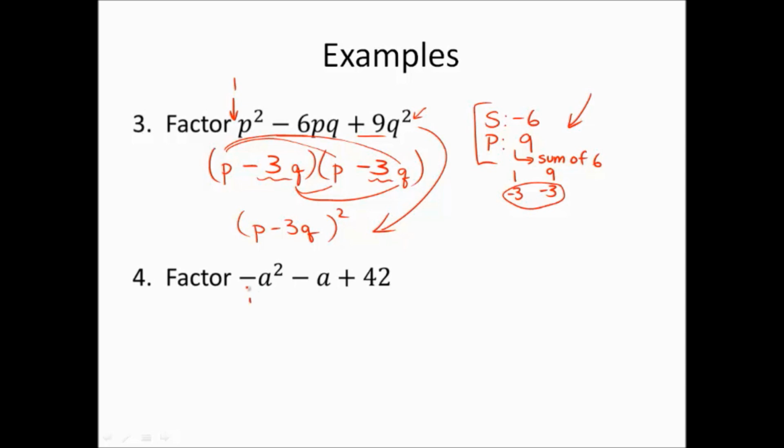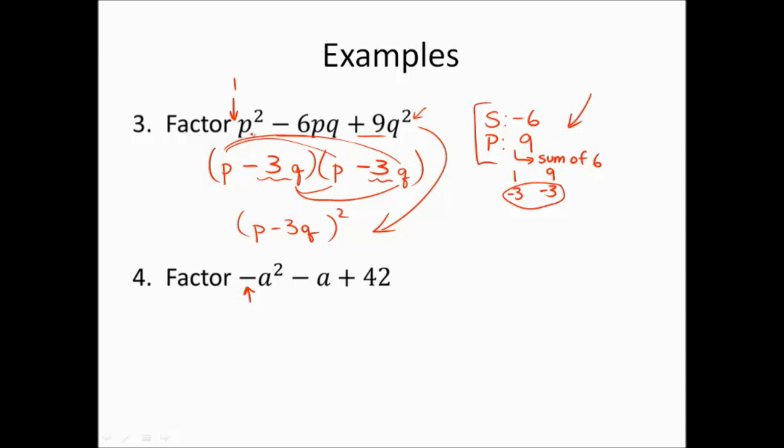The next example has a different leading coefficient. So, if you have a non-1 leading coefficient, you need to try to use the greatest common factor factoring method to factor it out. Because at this point, we only have the possibility of factoring something that has a leading coefficient of 1.